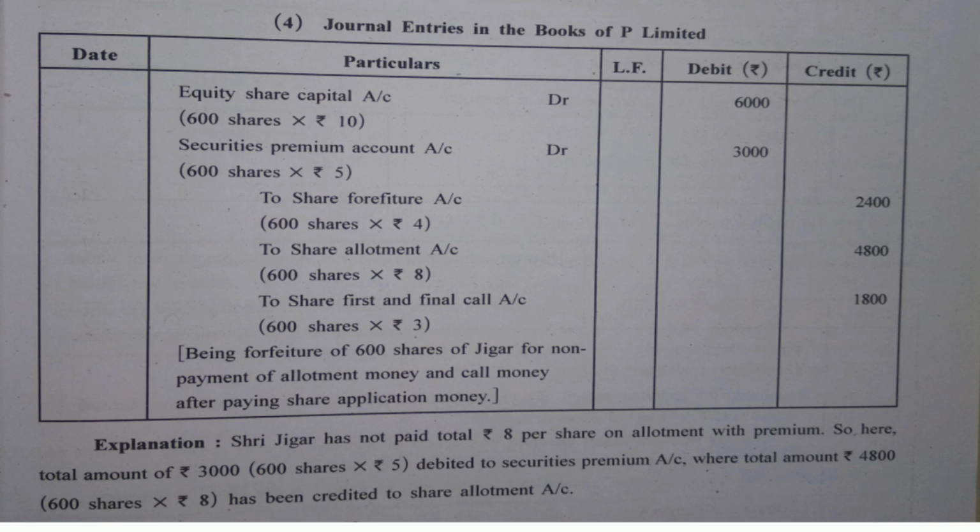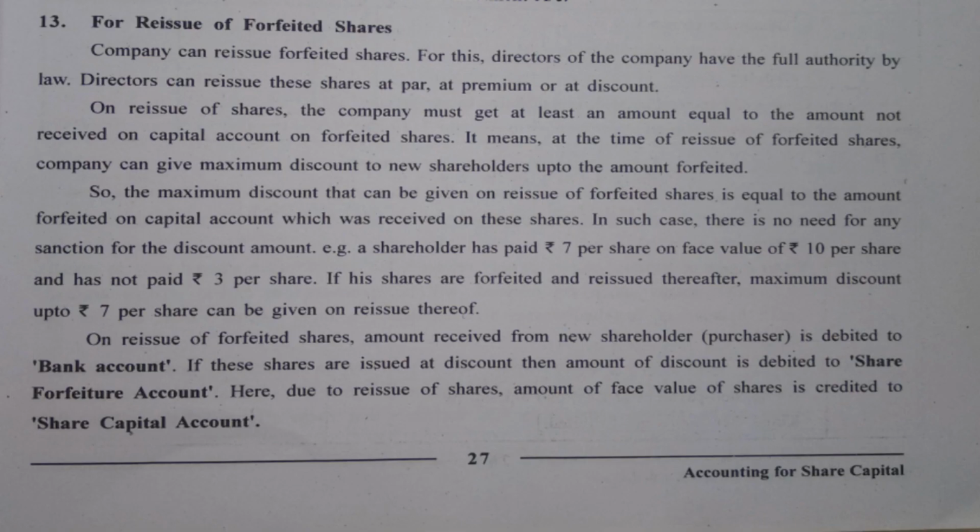Okay then, with this we complete illustration 9 and let us proceed further with a new topic which is reissue of forfeited shares. You obviously know the meaning of forfeiture of shares by now.